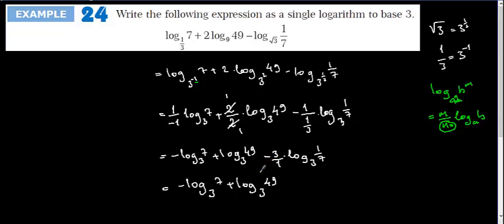But if you remember, for addition and subtraction operations, in front of the logarithm sign there shouldn't be any coefficient. So this coefficient should come as a power of 1 over 7.